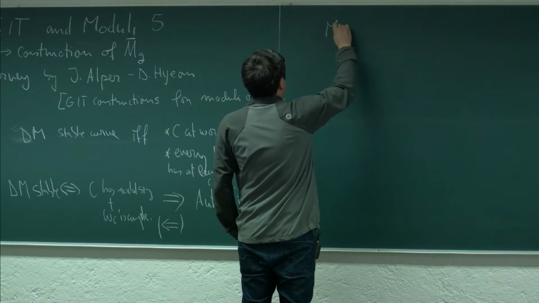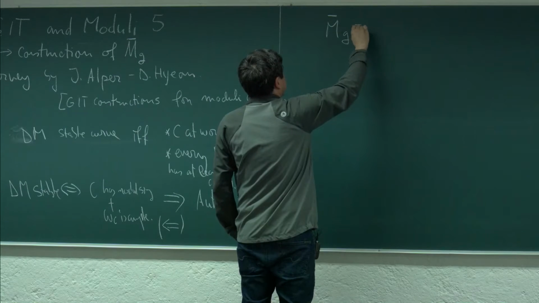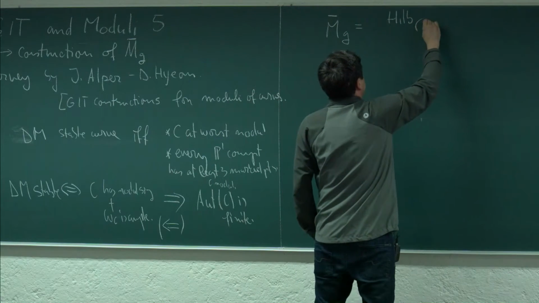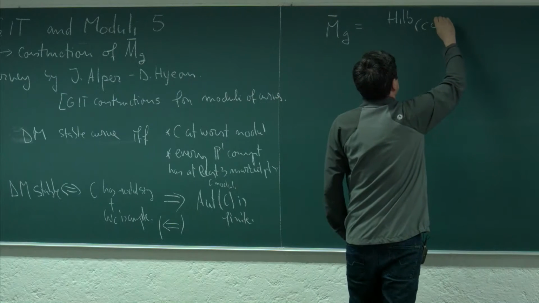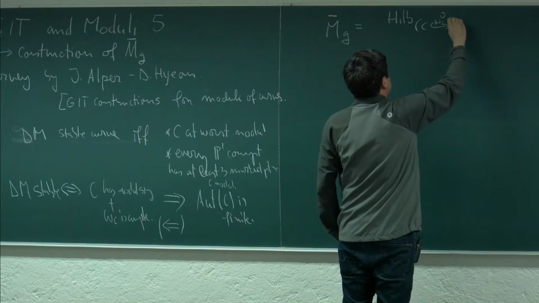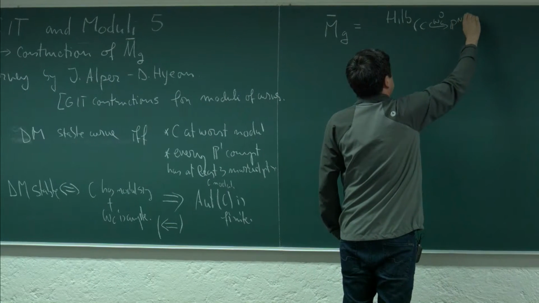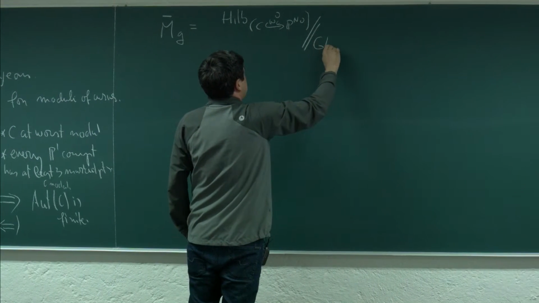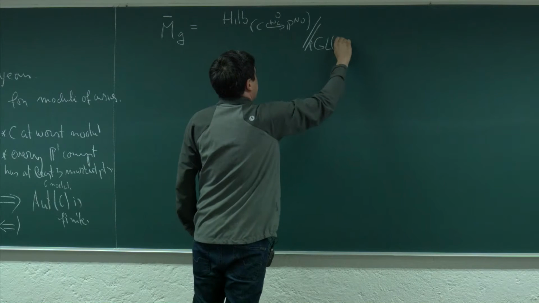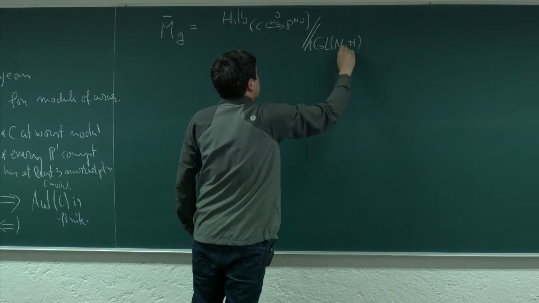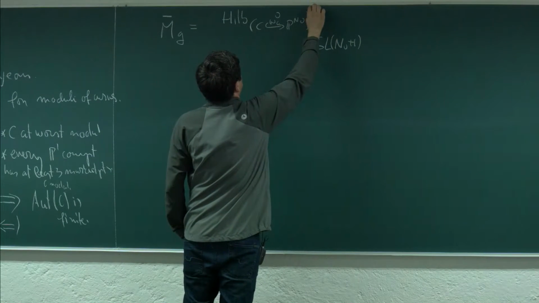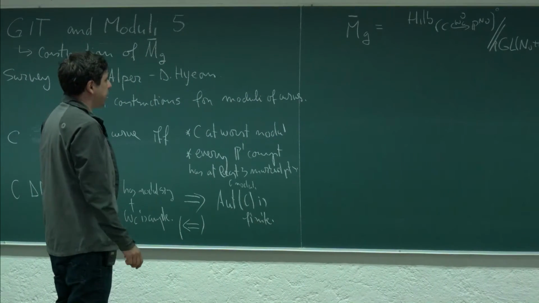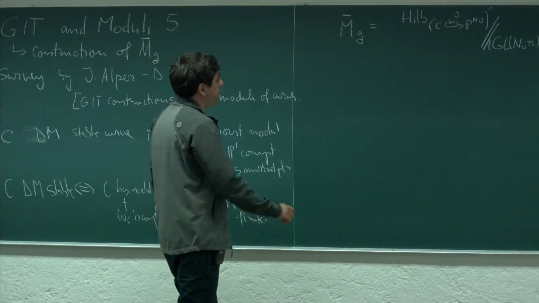So M_g bar, as I discussed from the beginning, should be the Hilbert scheme of curves C embedded by the pluricanonical embedding in a big space, modulo PGL of mu plus 1. Of course, here you might need to take a locally closed subset, but let's ignore that.